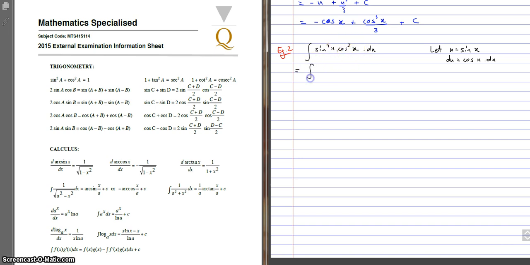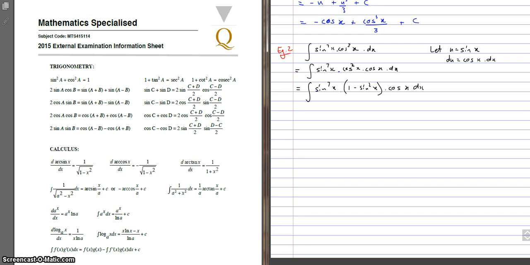So what we're going to do is change this so that this will be cos squared x times cos x dx, because this cos squared x we're going to replace with 1 minus sine squared x times cos x dx.